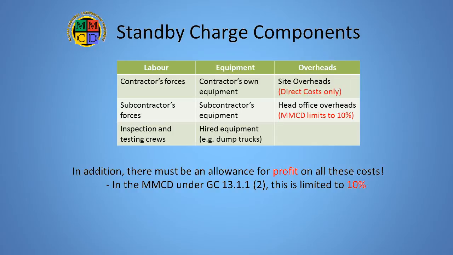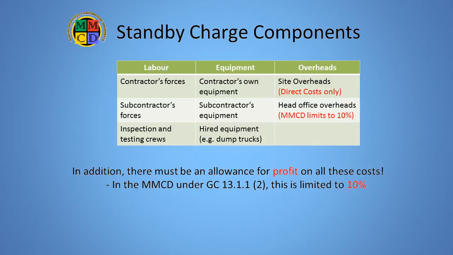Overheads fall into two categories: site overheads and head office or other overheads. It is normally appropriate to calculate the site overheads, that is the site overhead staff and their equipment, on a calculated out-of-pocket cost basis as direct job costs rather than as a percentage of the labor and equipment standby costs.